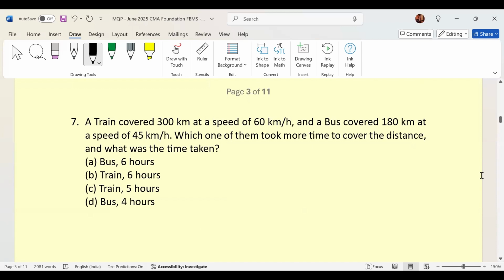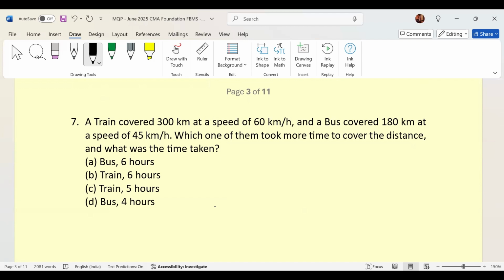Because if you directly see which one will take more time, definitely the bus will take more time, because the train's speed is 60 kilometer per hour and the bus speed is 45 kilometer per hour. Straight away we can say that the bus is taking more time than the train, but the question is not clear. So as per this question, we need to calculate the time period for both.